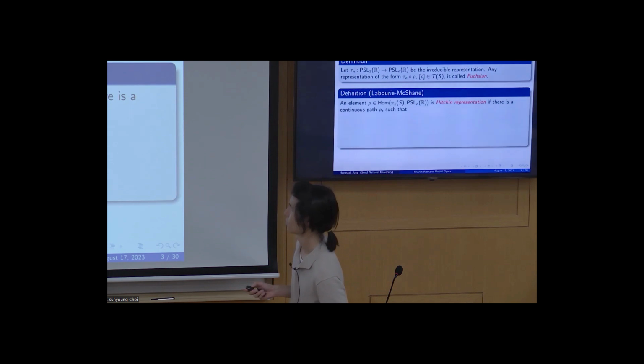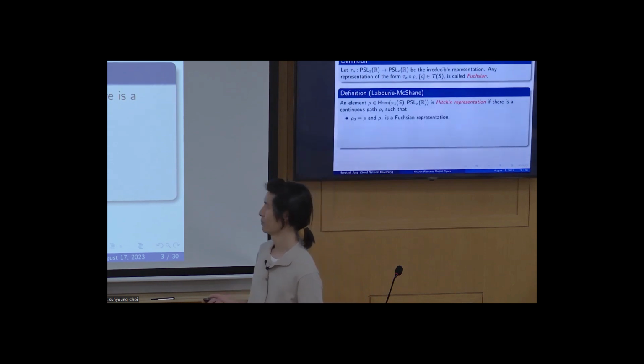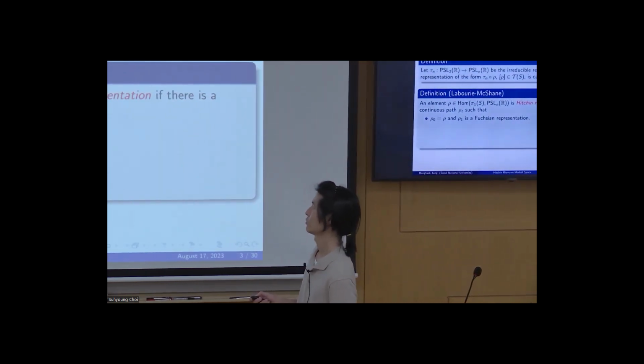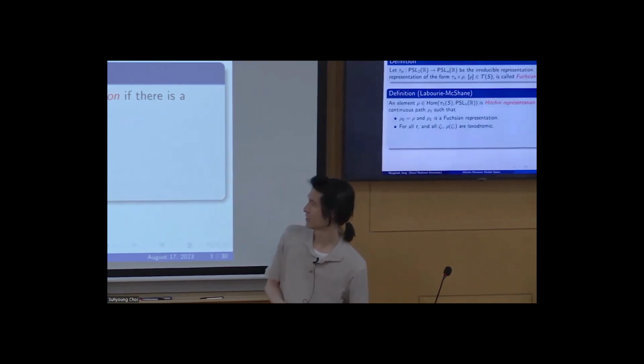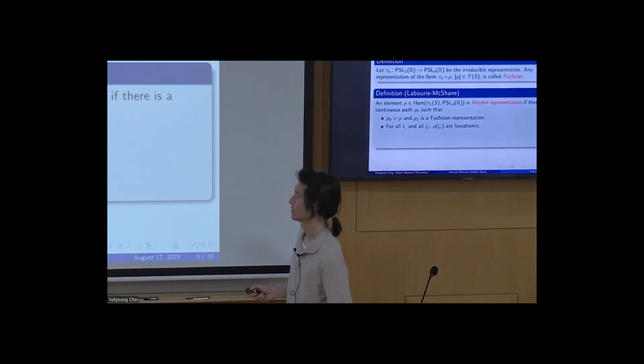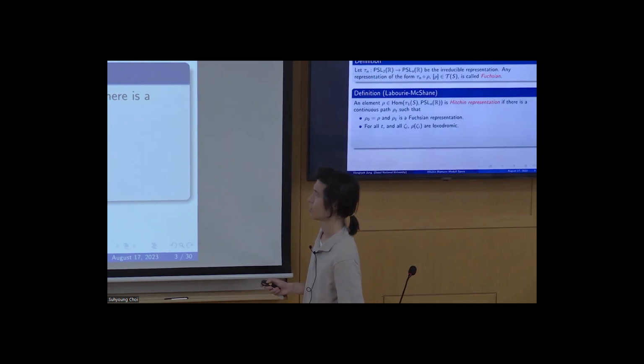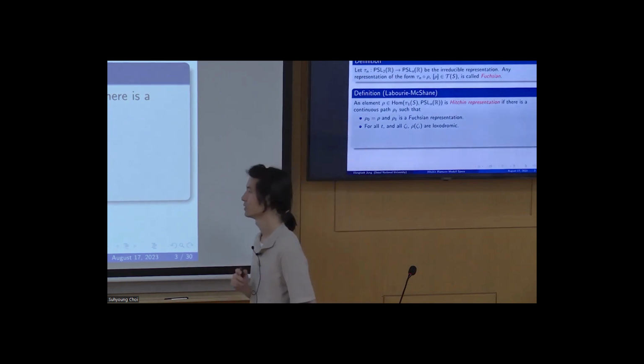We say that a representation is Hitchin if there exists a continuous path from our representation to a Fuchsian representation, but we require that for all t and for all boundary components, the values ρt(ξi) are all loxodromic elements, meaning that they are diagonalizable with distinct eigenvalues.